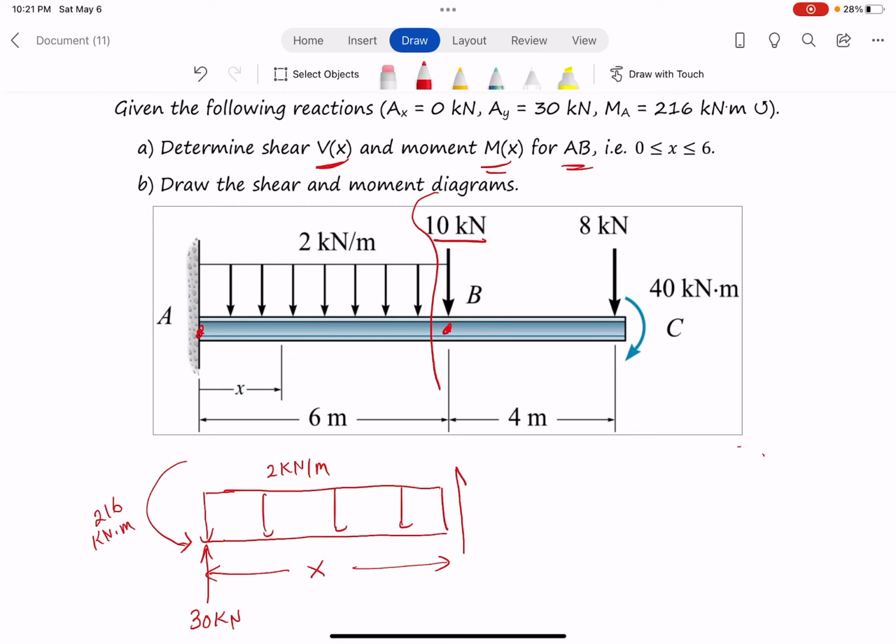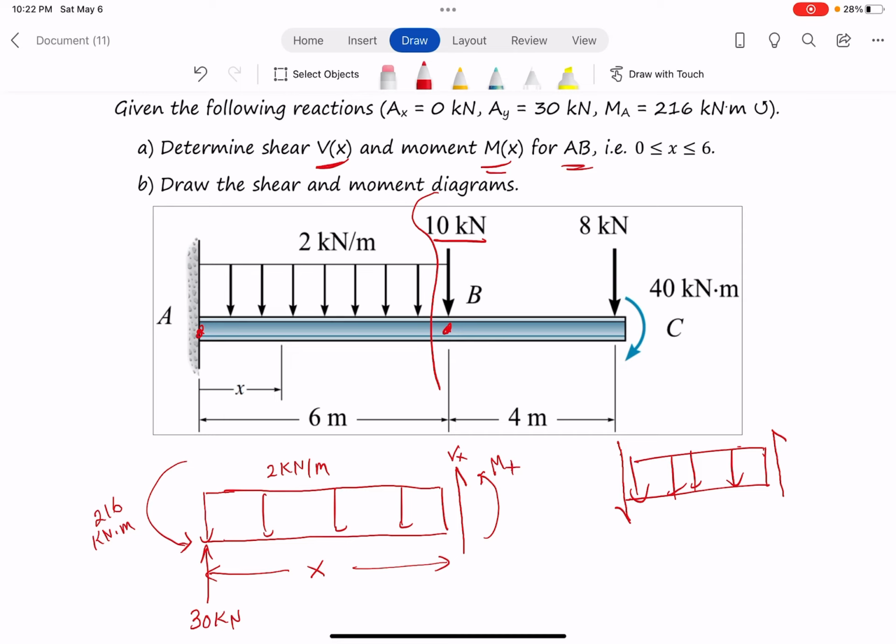I'm going to assume it up, so I'm going to call it Vx, and a moment, I'm going to call it Mx. So remember from the notes, if you have a load and you assume a shear up, this will give you a shear on the other side down, opposite in direction.